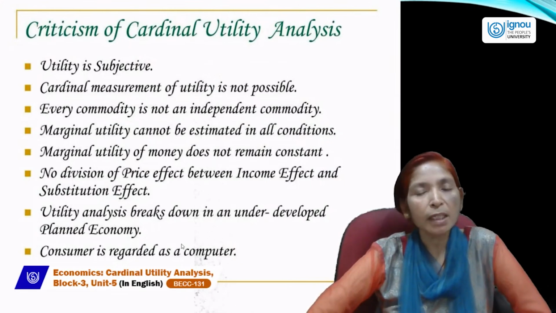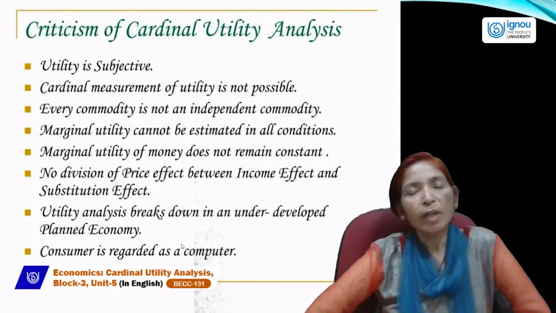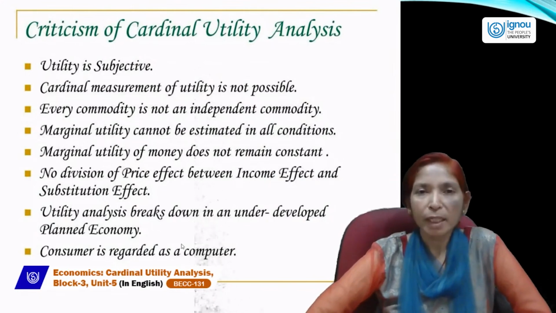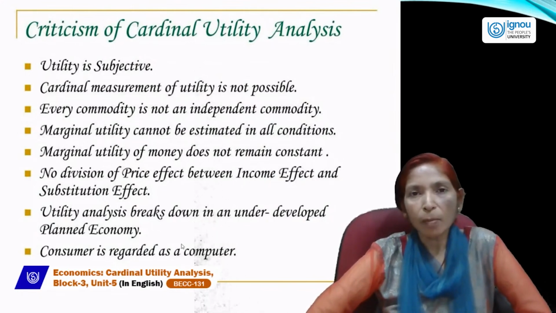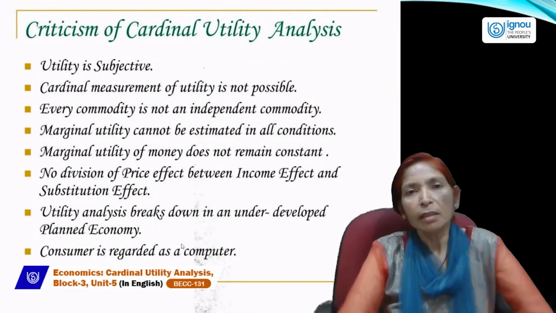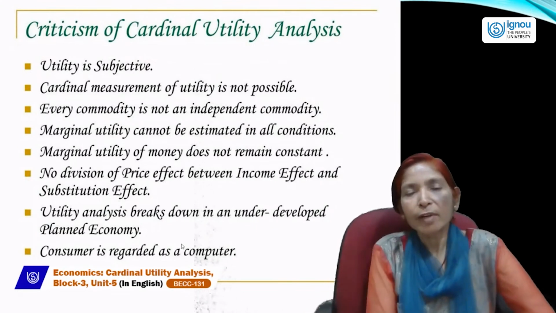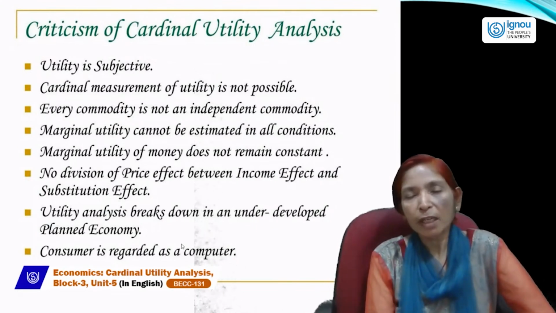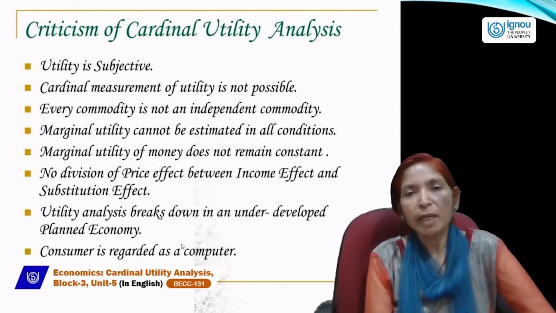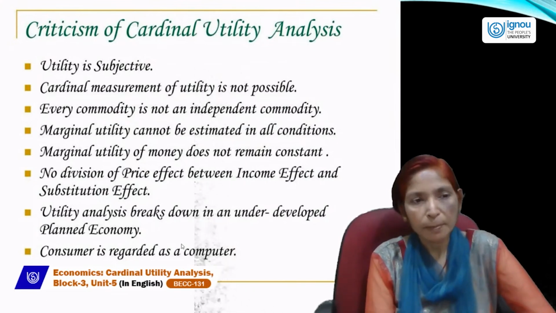We can quantify utility, but generally we can't measure it in terms of money, because whenever we buy any commodity, we can't calculate in our notebook the satisfaction we will derive from the consumption of that commodity, and we can't estimate it in accurate numbers.